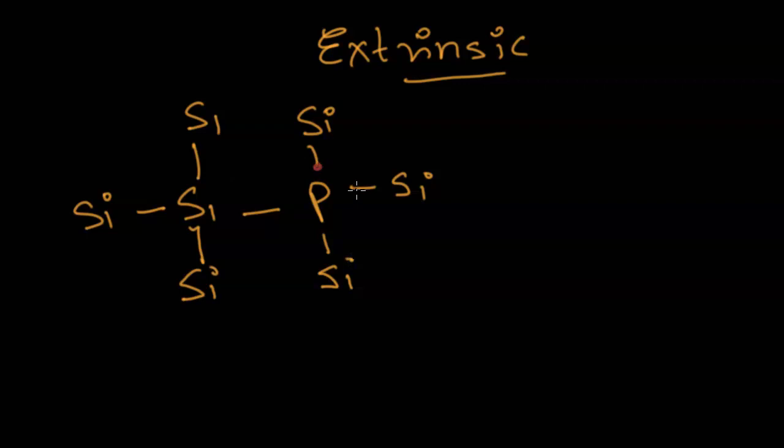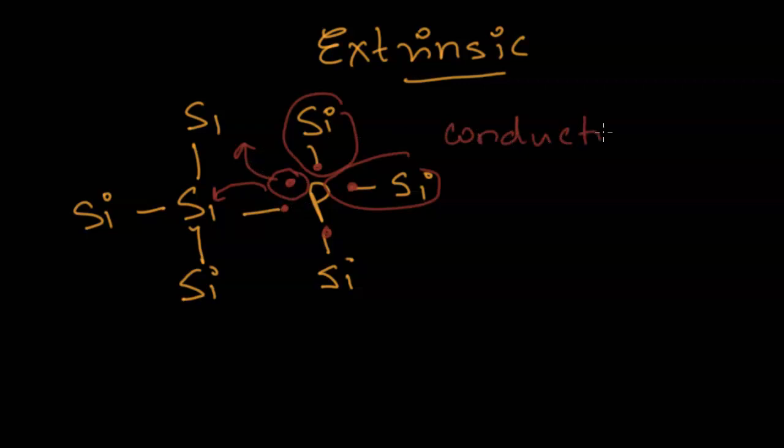It's called pentavalent because it has 5 electrons in its outermost shell. Out of the 5 electrons, it takes 4 electrons to form a covalent bond with its adjacent silicon atoms. But the 5th electron is an extra electron. This electron can move from one place to the other. This contributes to the conductivity of the material.